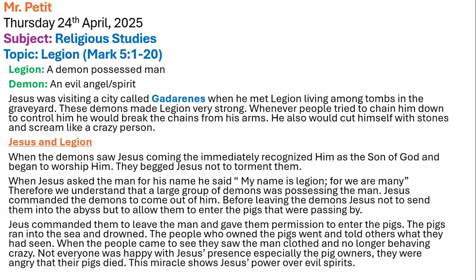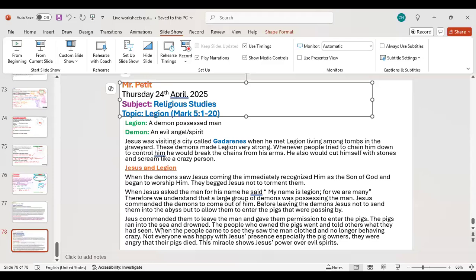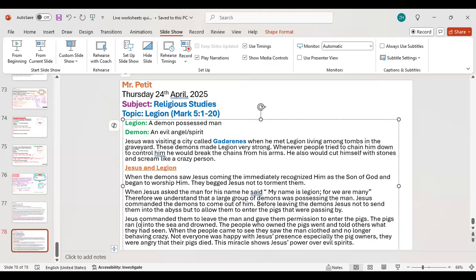You say the pigs ran into the sea and drowned. I didn't put that they ran off a cliff. You're right. The pigs ran off a cliff into the sea and drowned.